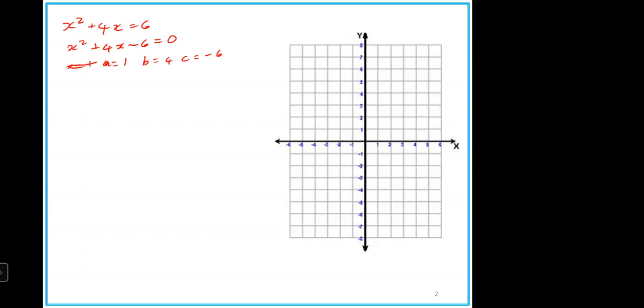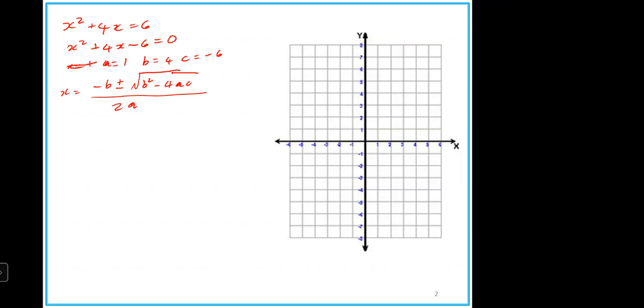All right, and so our formula then would be x equals minus b plus or minus the square root of b squared minus 4ac, all over 2a.